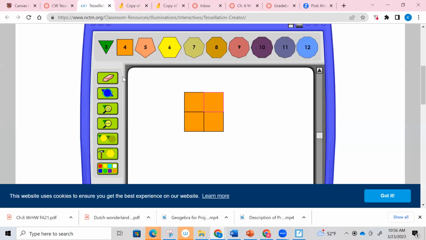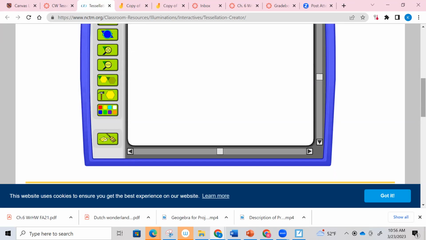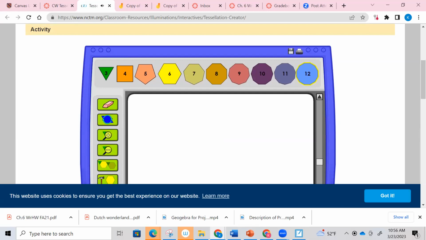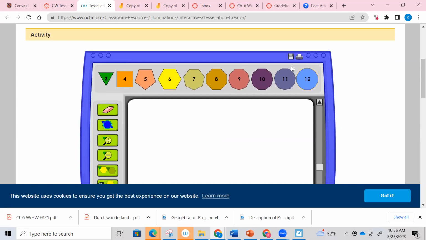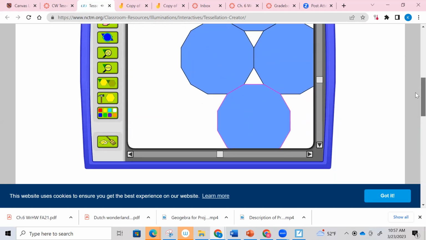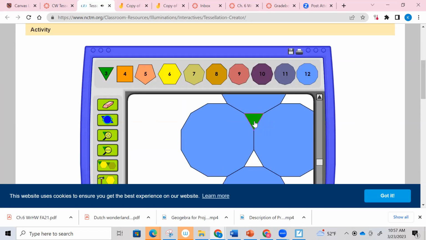Okay, so again, we talked about, I just did one before where I created a, when I did the dodecagons, I realized once I put them together, I could fill in those gaps with another regular polygon, the triangle.